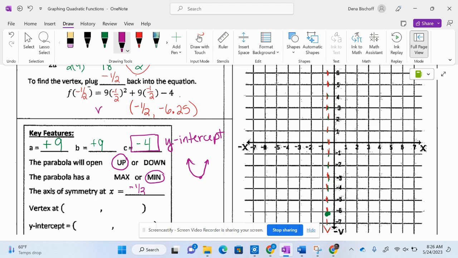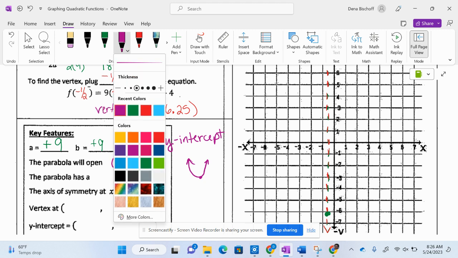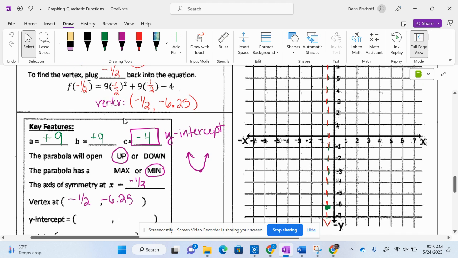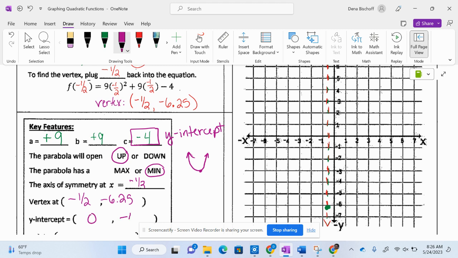Our vertex is right here. We said our vertex was -1/2, comma, -6.25. And we know that the y-intercept is the ordered pair what? Well, it's 0, -4. It's the ordered pair 0, -4.